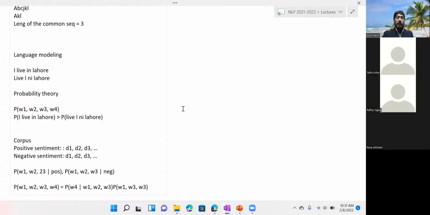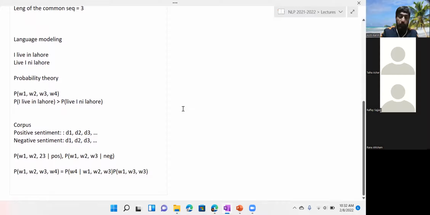This is a simple application of the product rule. But while we are applying this product rule, we are keeping in mind the sequential nature of the words. So we had defined the first term as the probability of W4 given the context that was preceding it, and then, of course, multiplied by the context, which is W1, W2, W3.